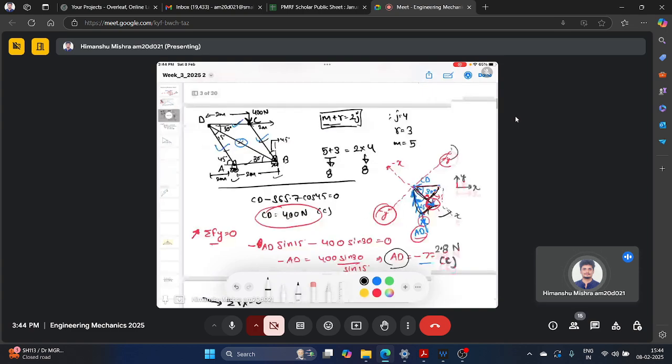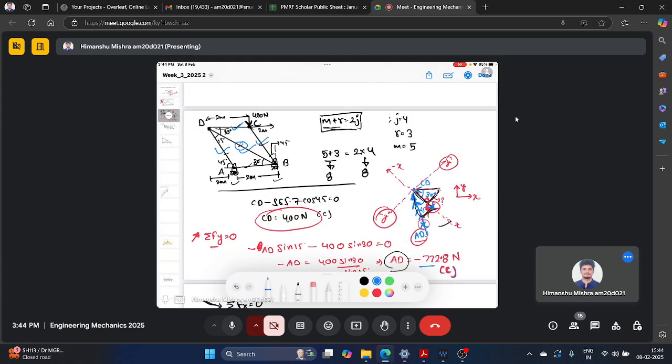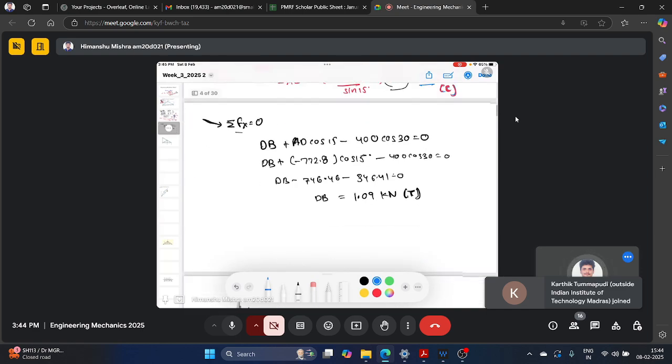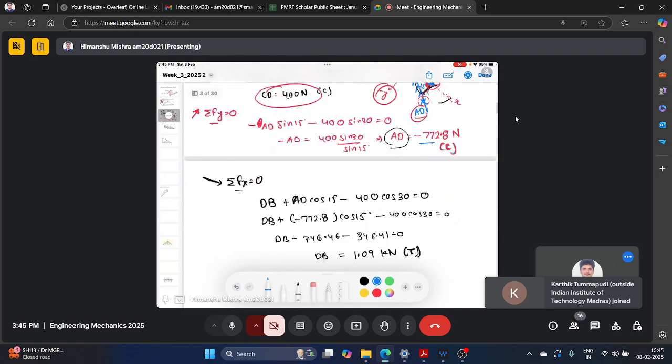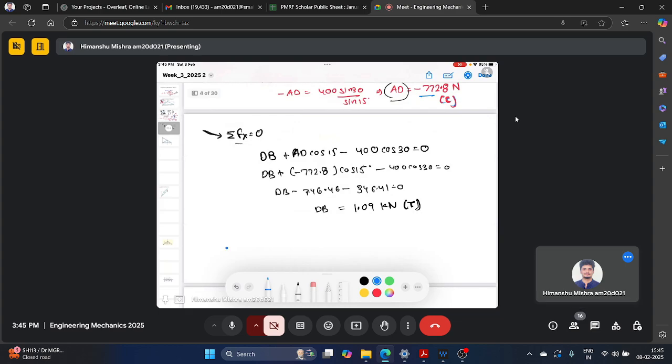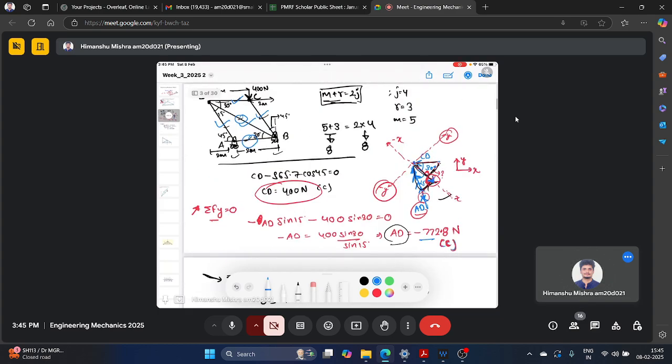So we now find the force at DB also. Now the only unknown force is in the member AB. So for that you can take any joint. You can take joint A or joint B. So let's take joint A and repeat the exercise.